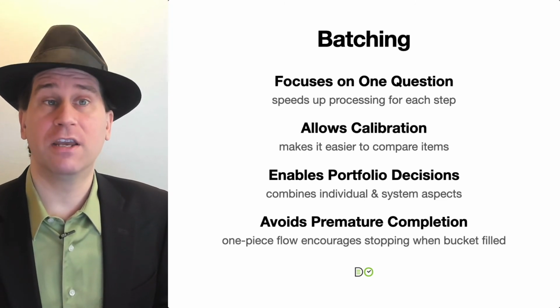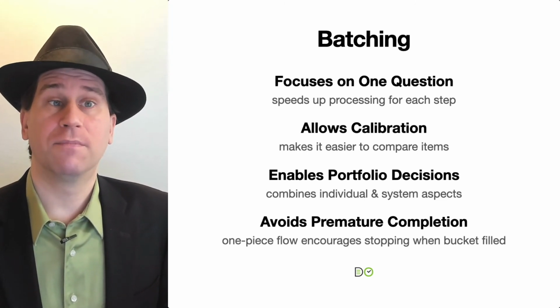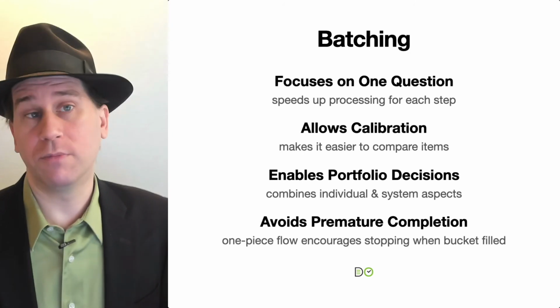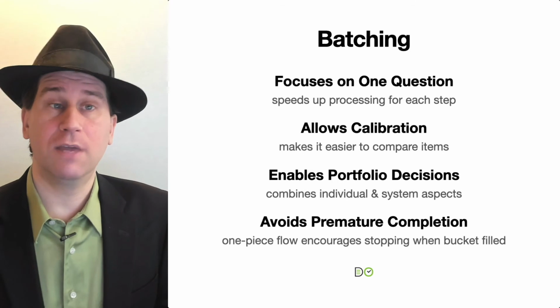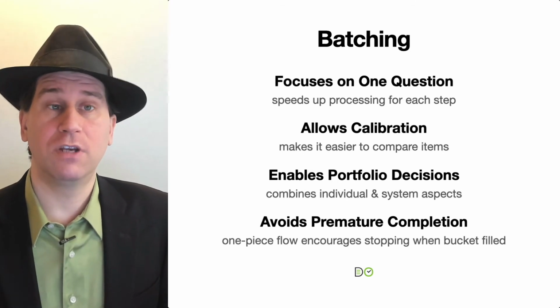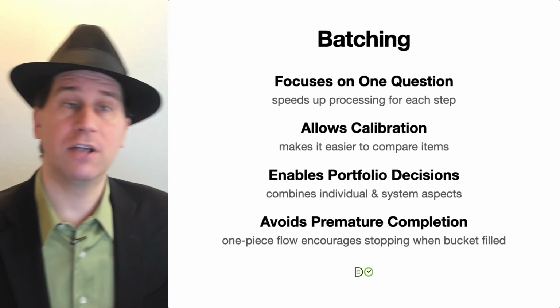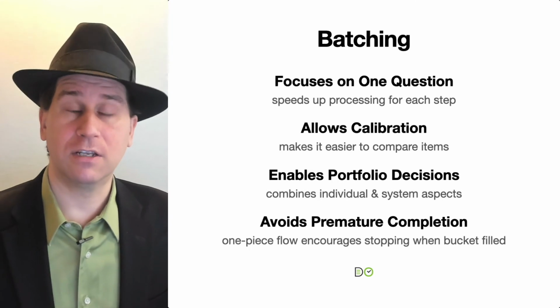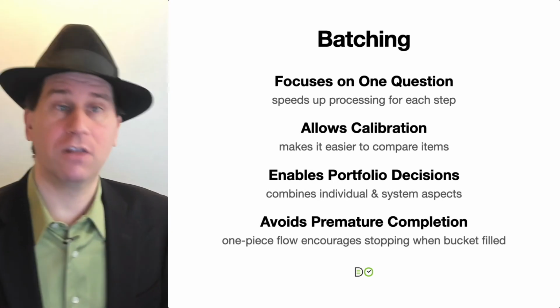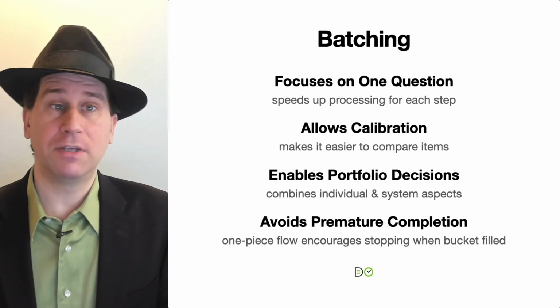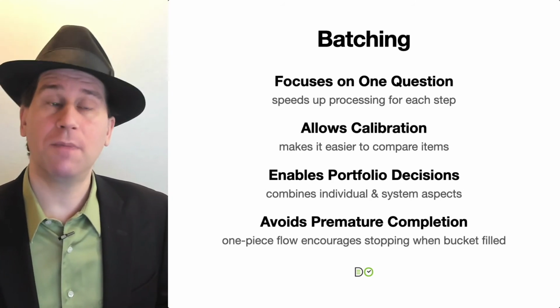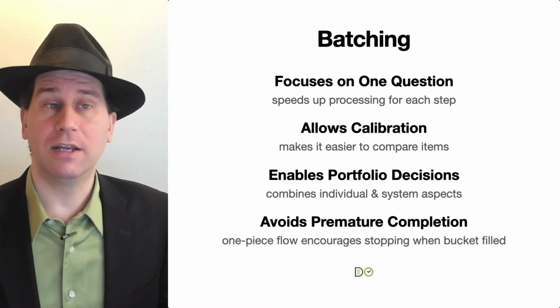And then finally, it helps avoid premature completion. If you're just doing one item at a time, once you fill up your schedule, you tend to then stop, right? So if I just take my task list and I'm scheduling each item directly off my task list, then once I've filled up my schedule, I stop. But there still might be other important items that I need to do today.